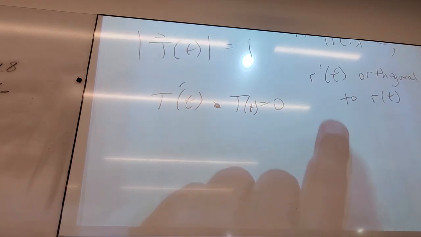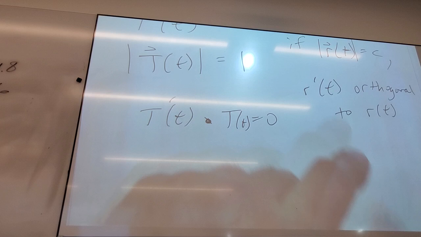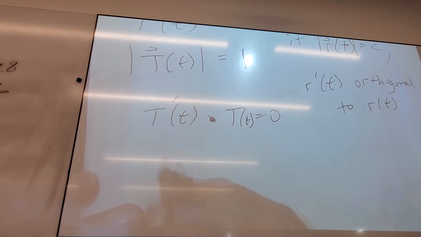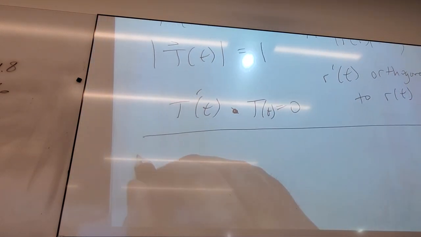Again, if my radius stays constant, then it's always orthogonal to the r prime vector, which is related to my T, so it's always orthogonal to that. It's a little side note.